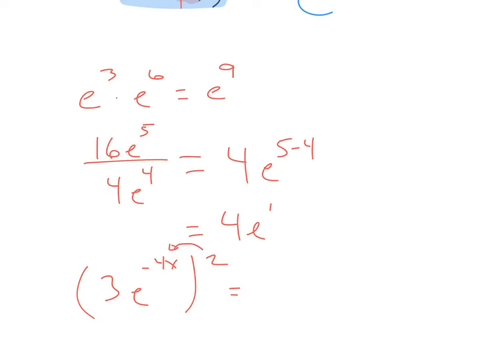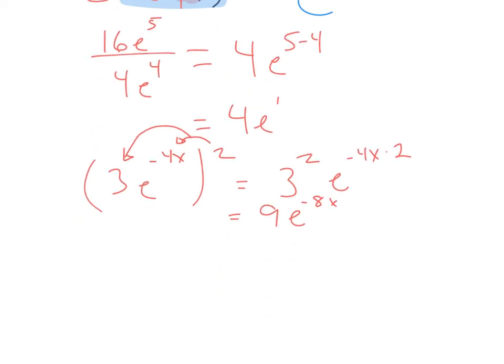It's going to go to this guy and to the 3. So I have 3 squared, and then I have E, and then I have negative 4x times 2, okay? So that's going to give me 3 squared is 9, E, and then negative 4 times 2, that's negative 8x.